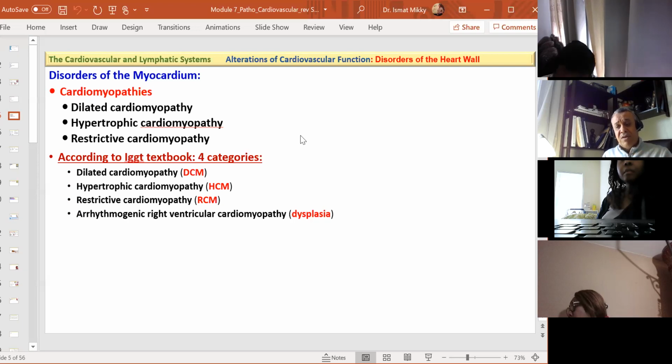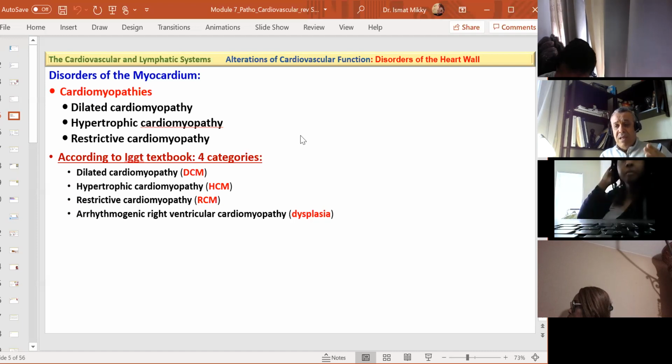Mechanical and electrical dysfunction of the myocardium will result in what is called inappropriate ventricular hypertrophy or dilatation. That's why we have more than one type of cardiomyopathy: a dilated type, a hypertrophic type, or a restrictive type.